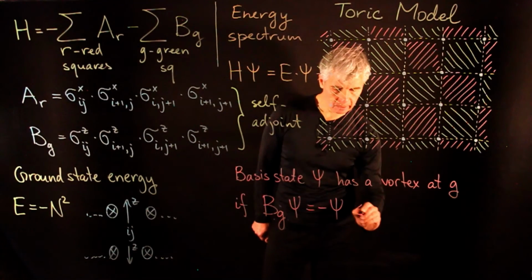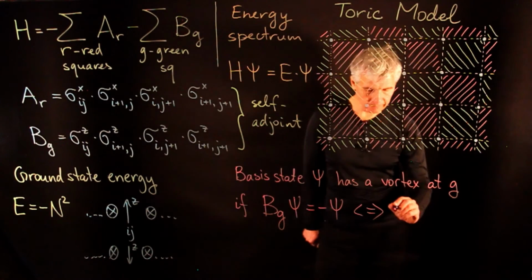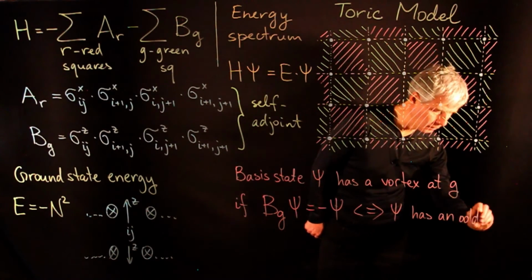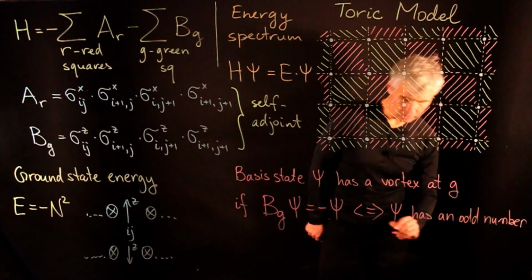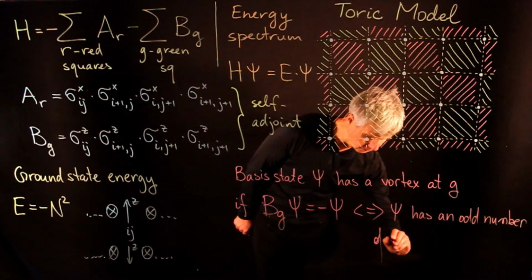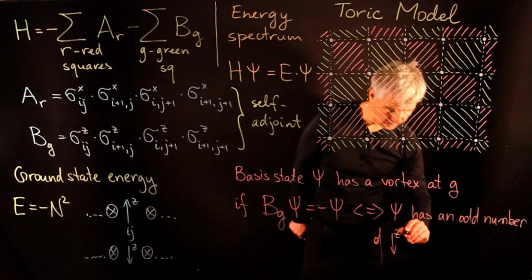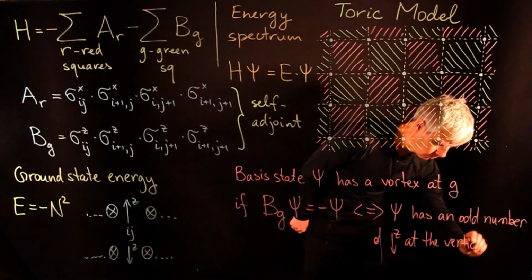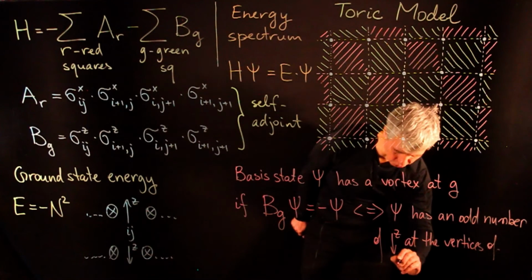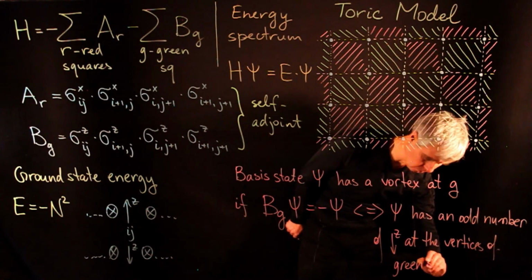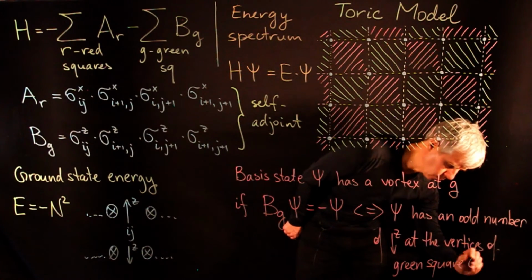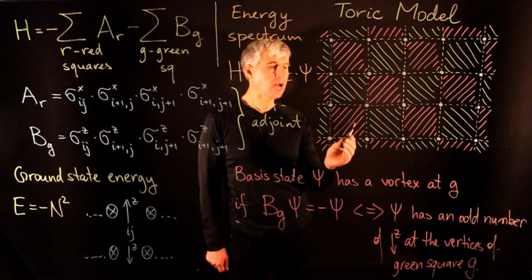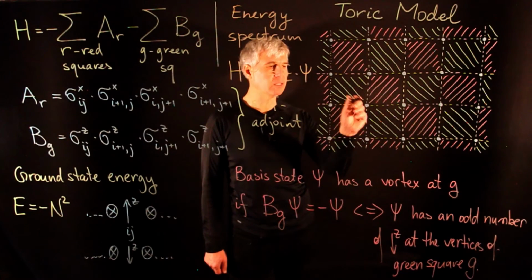Now, what does this mean? So this means that psi has an odd number of down z vectors at the vertices of green square G. Now, for each basis vector, we have either an up z vector or a down z vector placed at each vertex.